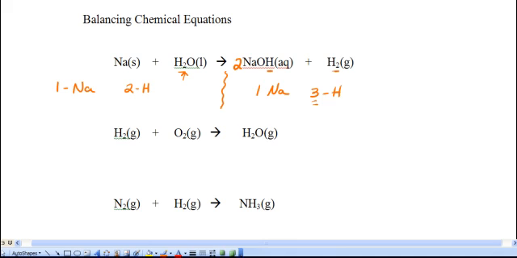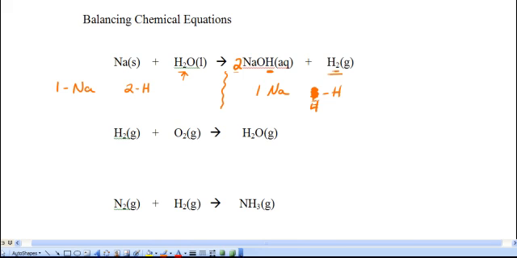So by putting a 2 in front of the sodium hydroxide, I now have 2 times 1 hydrogens in sodium hydroxide. So I have a total of 2 there, plus I still have the 2 with the hydrogen gas, so I no longer have 3. I now have, scratching that out, 4 hydrogens. Alright?